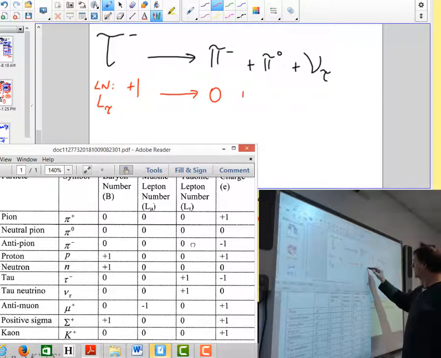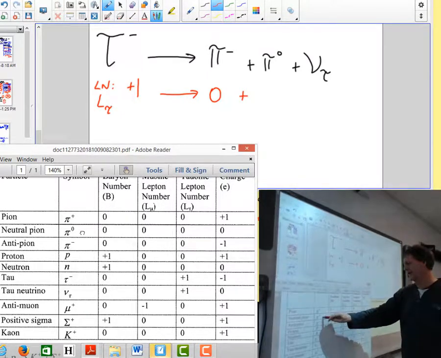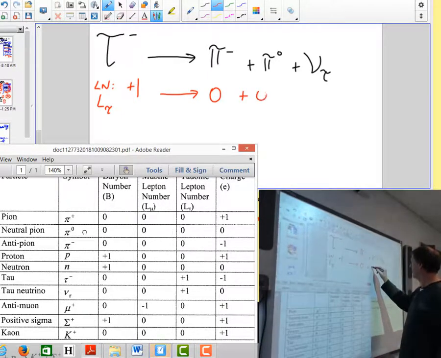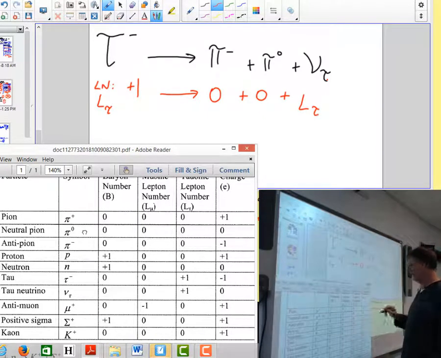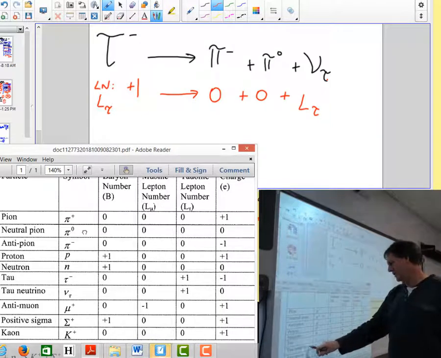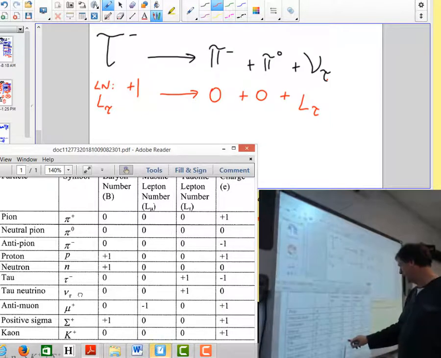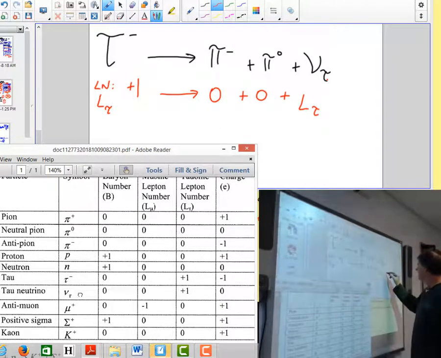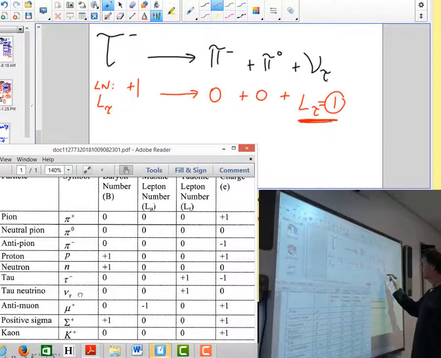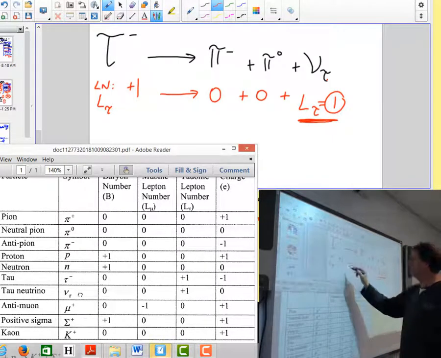If you check the neutral pion in the second row, that's also 0. And the lepton number at the end here, this is a tau neutrino, so it's in the right family, or the right generation. It's in the tau range. What's the lepton number for this tau neutrino? If you check it out, it has 0 for the muonic lepton number, but a +1 for the tauonic one. So you've got a tauonic lepton number of 1, plus 0, plus 0, which is 1, and on the other side it's 1.